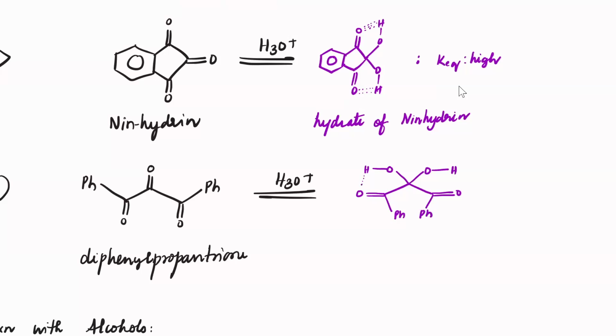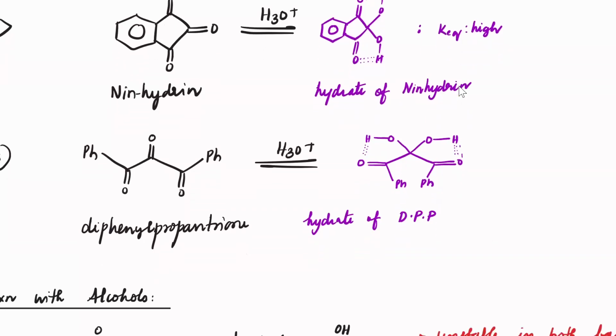Now you can see again there is a strong hydrogen bonding established between these two. So here also this is the hydrate of diphenyl propane trione, DPP. So this is also a very high K equilibrium value.